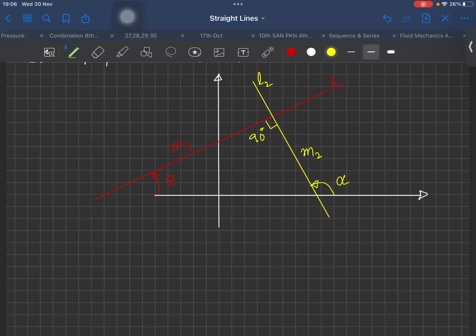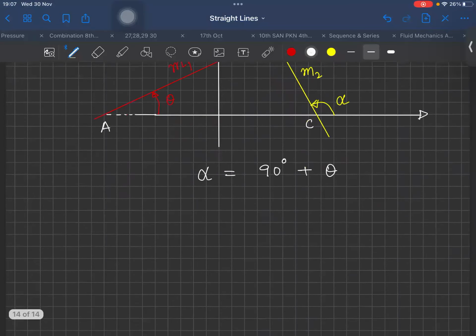Now can you see this triangle? Let's say these are points A, B, and C. So can you see triangle ABC? And we know from the property of a triangle, alpha should be equal to 90 plus theta. Yes or no? Now you take tan on both sides.